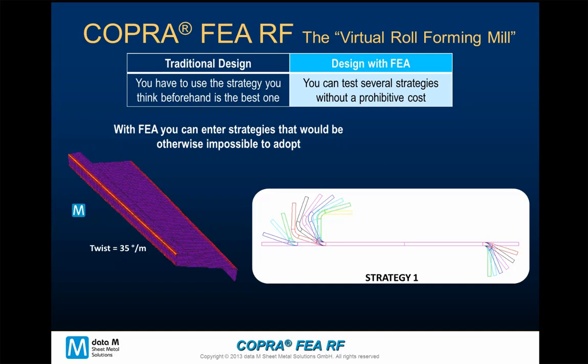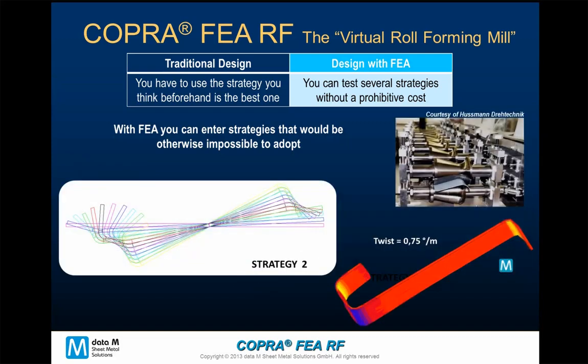So let's imagine we're presented with such a problem. With FEA, we can now test multiple ideas and strategies to find the best solution. And quite often we'll find a solution that we would not normally even consider. This is to give the optimum result and at the least cost to everyone concerned, and quite often it's in the quickest time too.